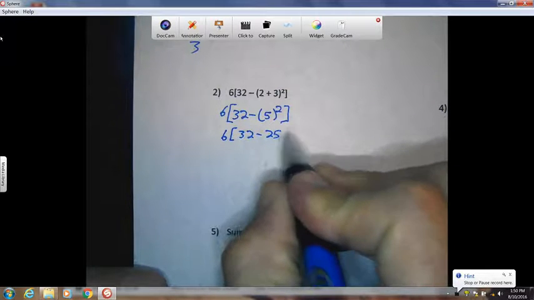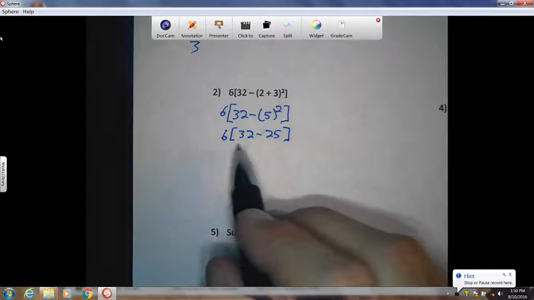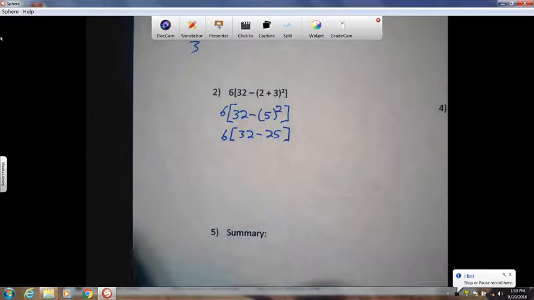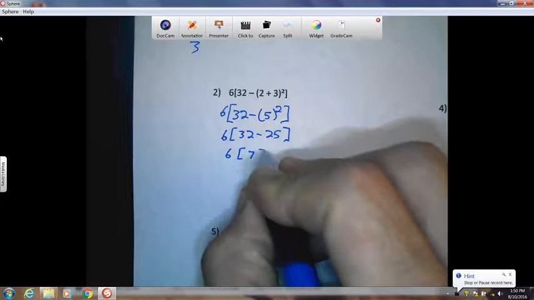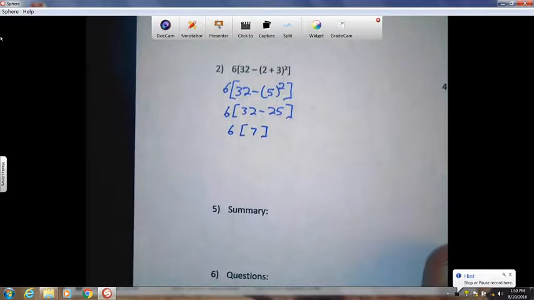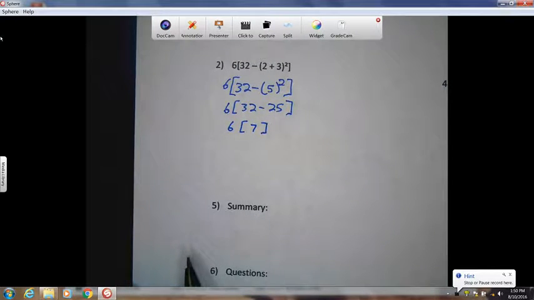So that's 25. Remember, that is 5 times 5. Now I have to finish off the brackets. And here, just like parentheses, the brackets mean to multiply, so 6 times 7 is 42.